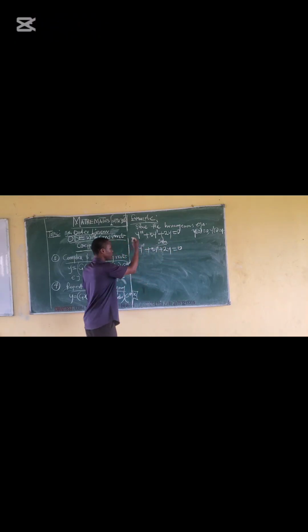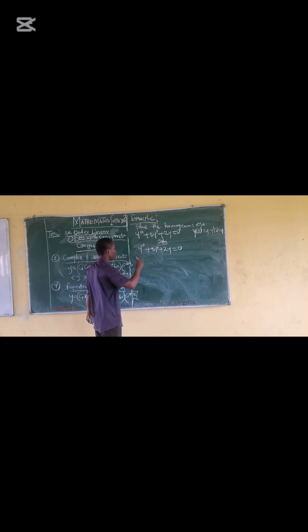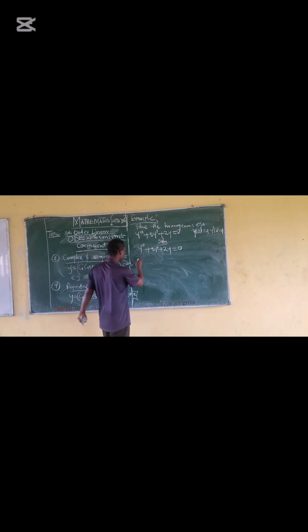So I'm going to break this down into the minimum so we can comprehend what I'm talking about. From our initial knowledge of calculus, y prime prime means d squared y over dx squared. All right, so that's for this.